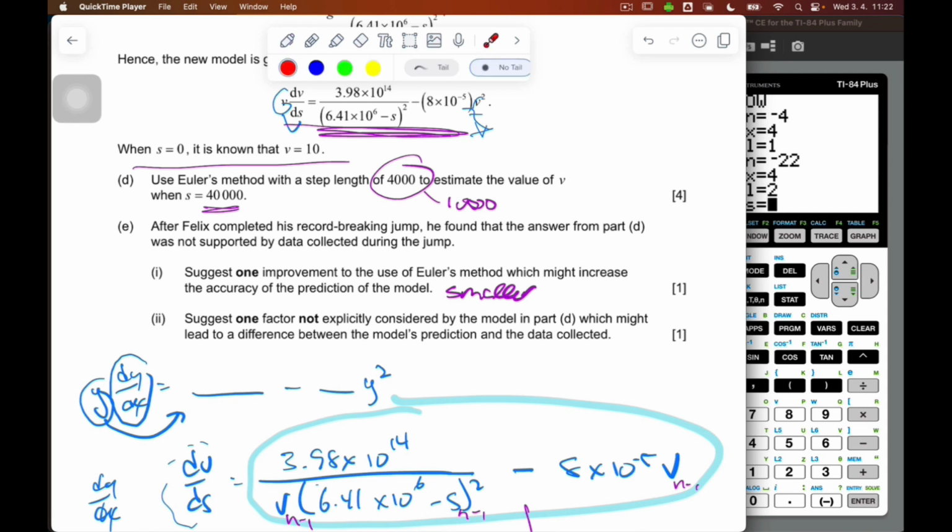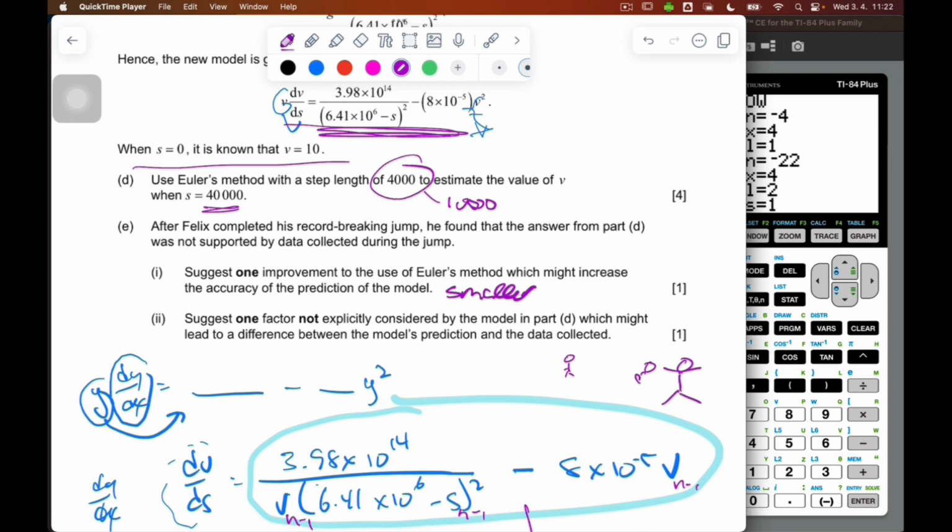When I look at the conclusion, one factor not explicitly considered by the model in part D, which may lead to a difference in the model's prediction and the data collected. Well, there's a bunch of things that are occurring, right? One of the things that we could say is that Felix could end up being like a ball, or he could try and push himself way out.